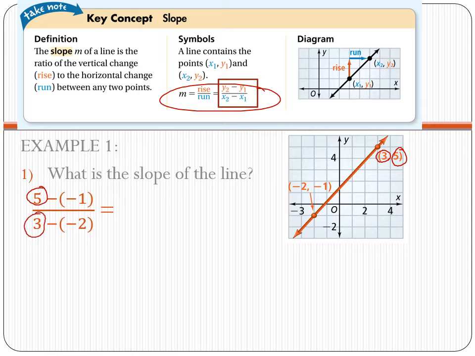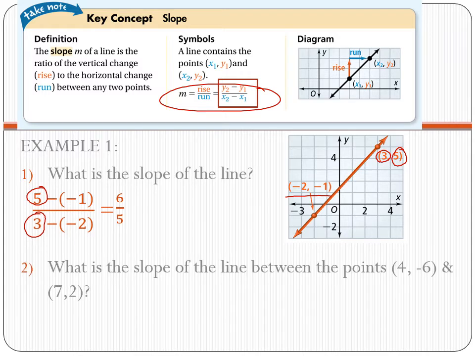The y's are being subtracted on top, the x's on bottom. Notice how it's always subtraction, even if this ordered pair has negative numbers. So it would be 5 minus -1, that turns to addition, it's 6. It's 3 minus a -2, that turns to addition, you get 5. So my slope is 6/5. If you would have counted, you would have got the same thing.